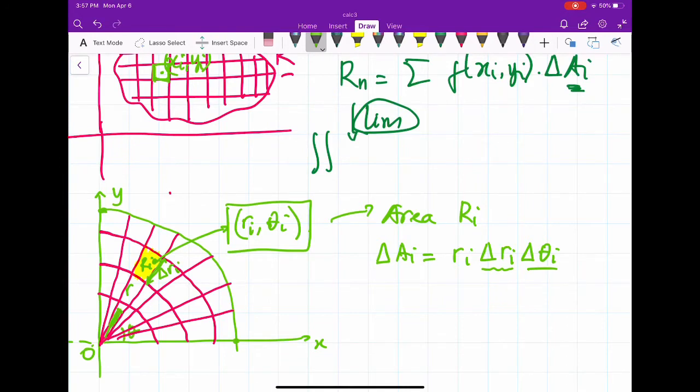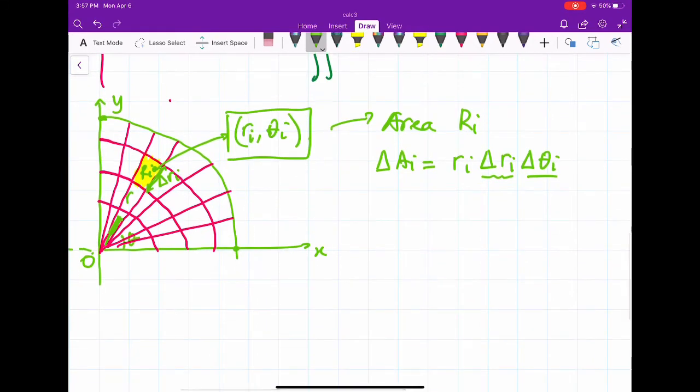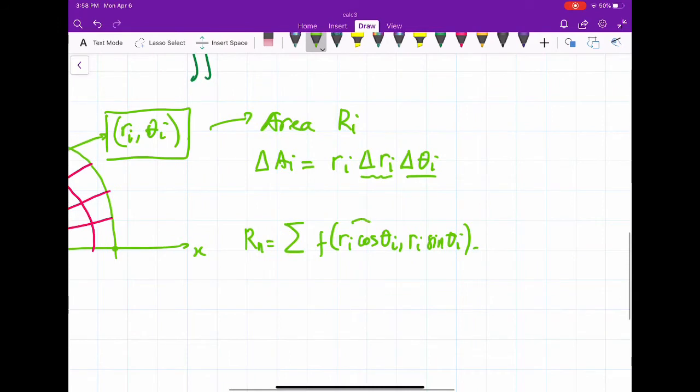Makes sense? And then I can rewrite the Riemann sum as follows. R_n equal to the sum of f of r_i cosine theta_i, r_i sine theta_i, because this is nothing but x, this is y, right? And then multiply with the area, which is r_i delta r_i delta theta_i.